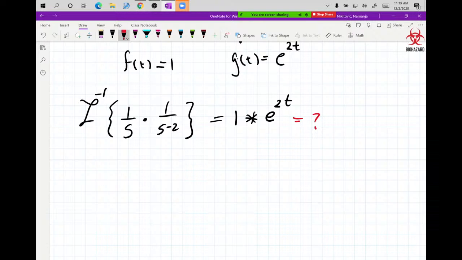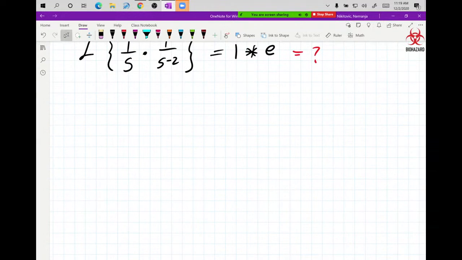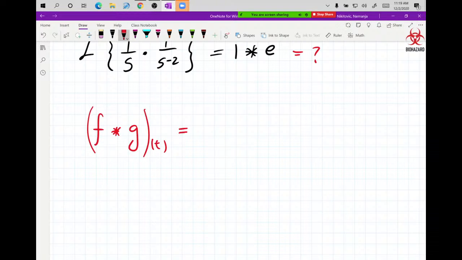Okay, so now it's time for us to define the convolution. And the convolution between two functions, now this is a definition, so we are going to use f and g, but maybe it would be better if I used capital F and G, but whatever. So convolution is given as the integral from 0 to t of f of tau, which is just a dummy variable for t, because we have t over here as a limit, so we can't use f of t.